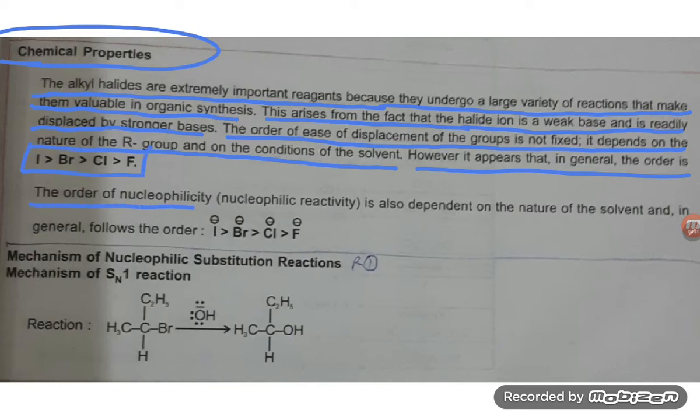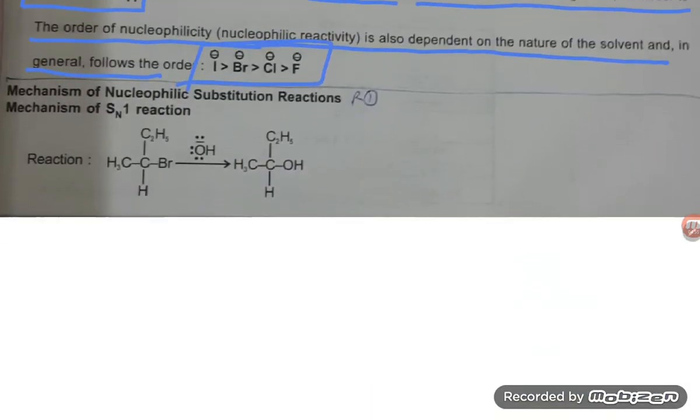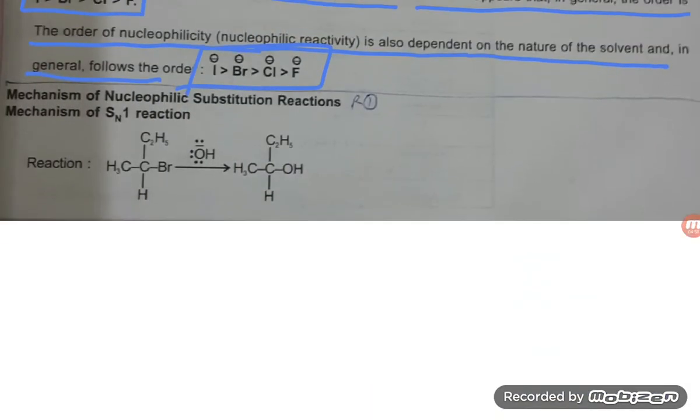Next, the order of nucleophilic reactivity is also dependent on the nature of the solvent, and in general it follows I minus, Br minus, Cl minus and F minus. Now there are two types of reaction, students: SN1 and SN2. Firstly we are going to understand the SN1 reaction.